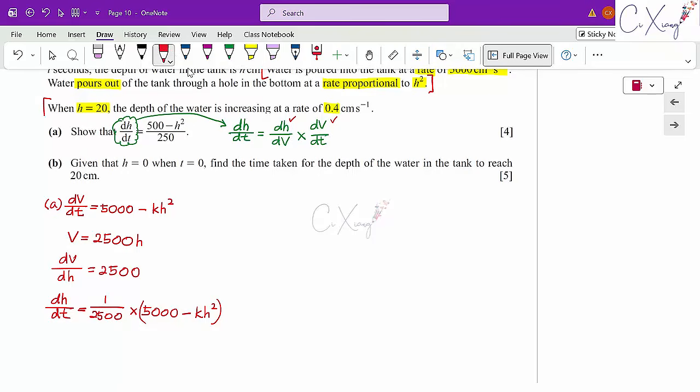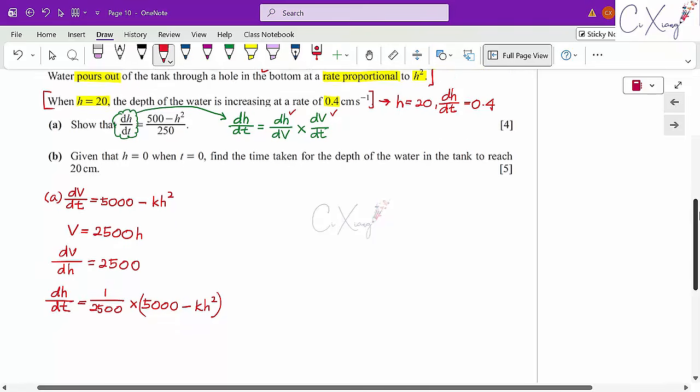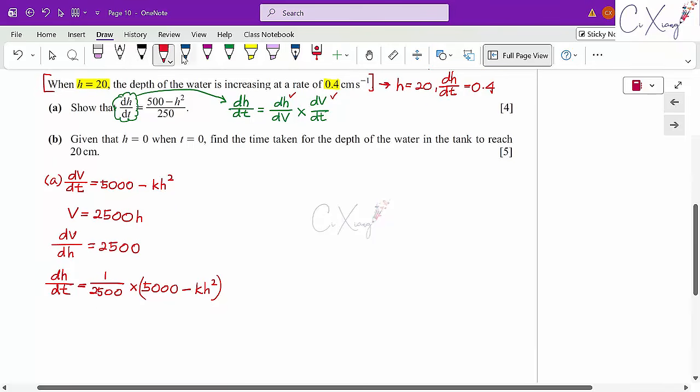So this particular sentence basically tells us that when h is equal to 20, the depth, which means the h, dh/dt is increasing. They are talking about the rate of change for the height, that is increasing at 0.4. Okay, so we are going to use this information in our equation here to get the value for the k.